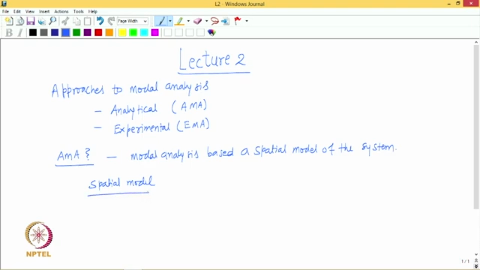A spatial model is the description of a vibratory system in terms of mass, stiffness and damping matrices. Okay. So, it is a description of a system in terms of mass, stiffness and damping matrices. That is basically the spatial model.